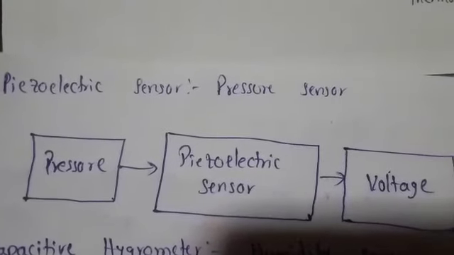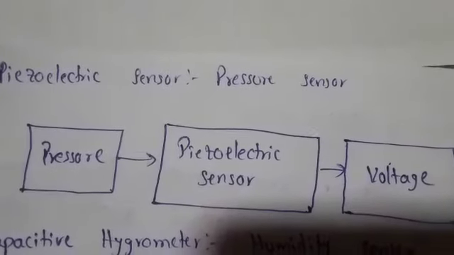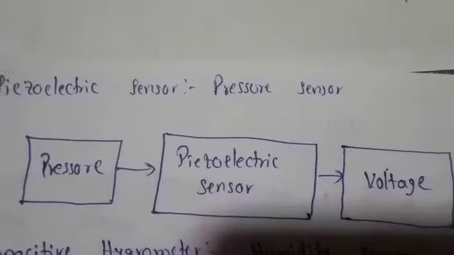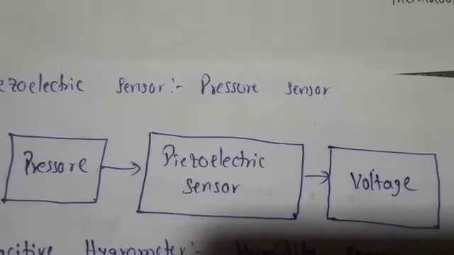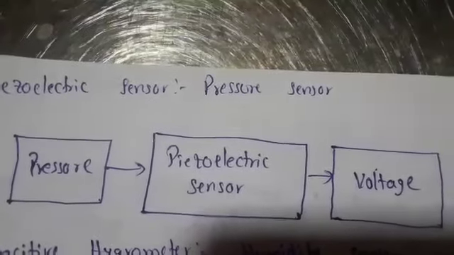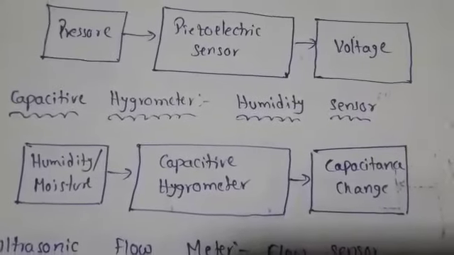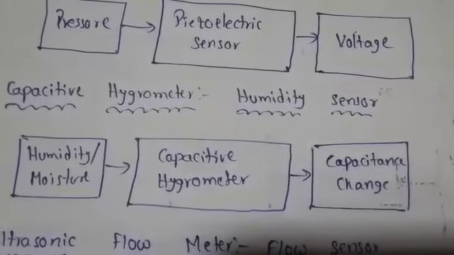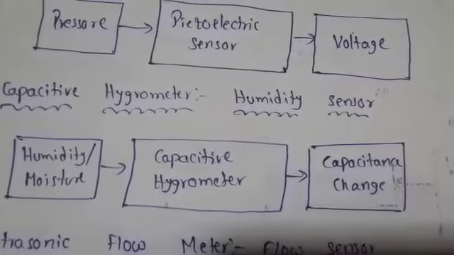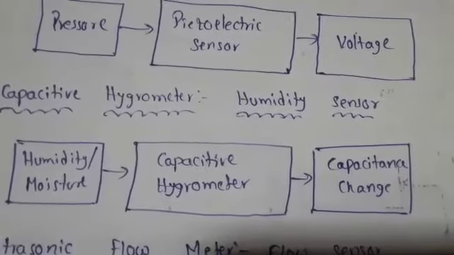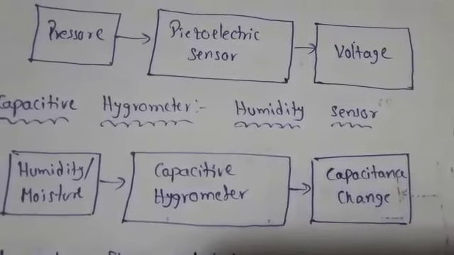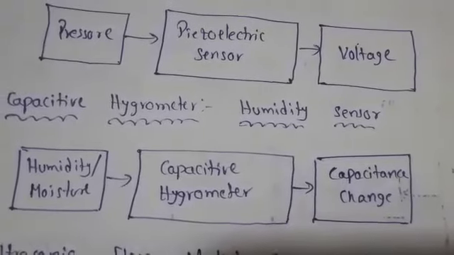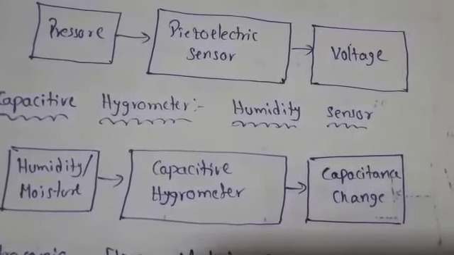Next one, piezoelectric sensor, that is also called a pressure sensor, that will convert the pressure into voltage. Next one is the capacitive hygrometer, that is also called a humidity sensor. It will convert the humidity or moisture into capacitance change.